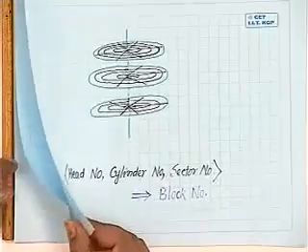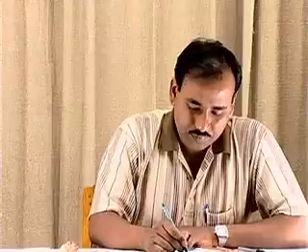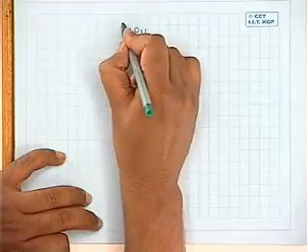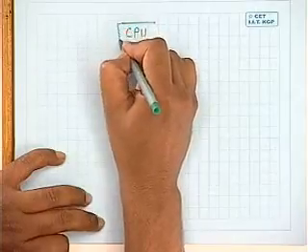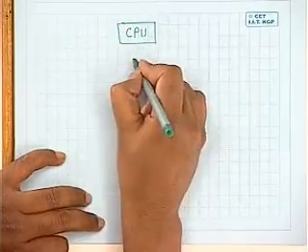Then we had mentioned that our memory is a 3-level memory hierarchy. At the topmost level, we have the CPU. When the CPU wants to access any data or any instruction, the CPU first checks the cache memory.